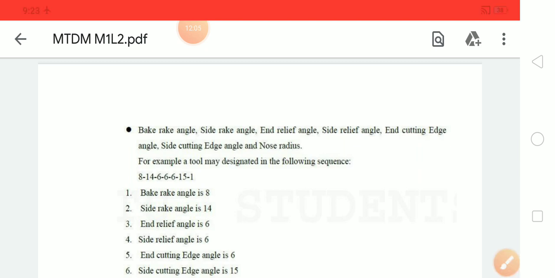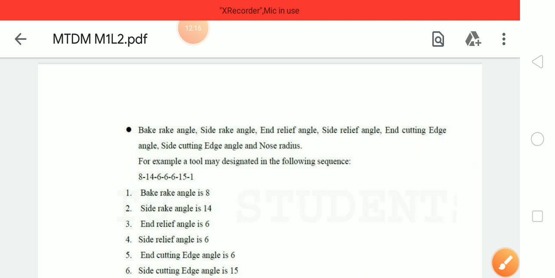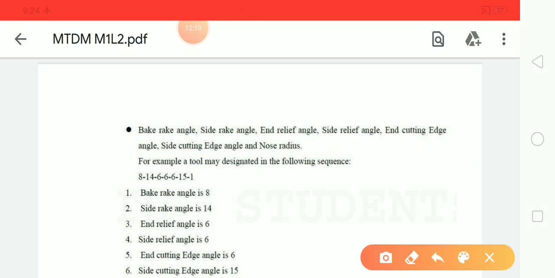Back rake angle, side rake angle, end relief angle, side relief angle, end cutting edge angle, side cutting edge angle, nose radius. When you go to a shop and you want to buy a tool, you just give the shopkeeper these figures. That means 8, 14, 6, 6, 6, 15, 1. This is the designation of your tool.